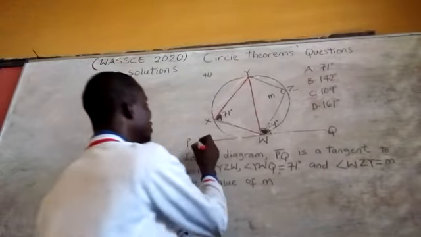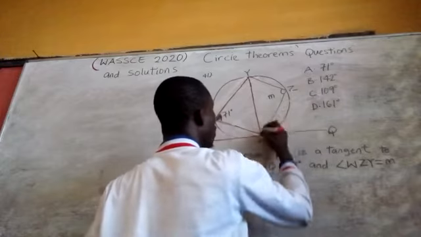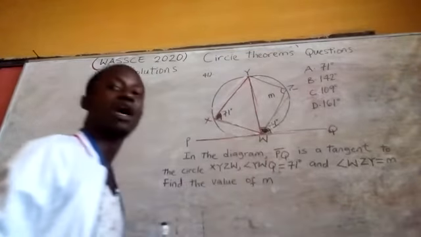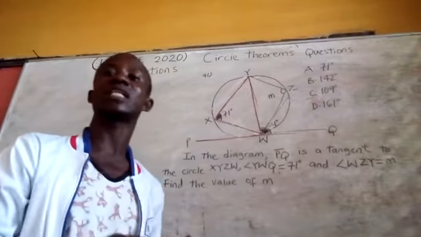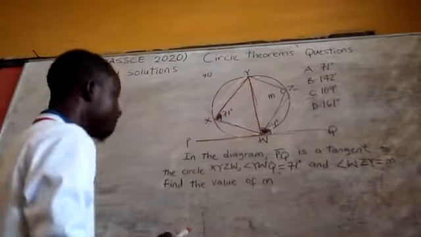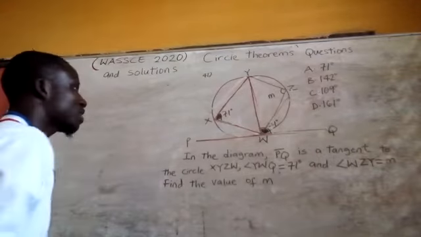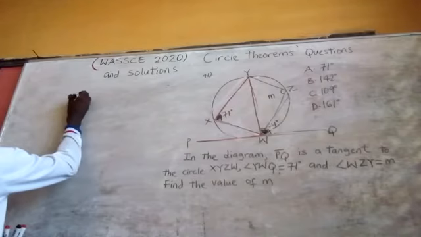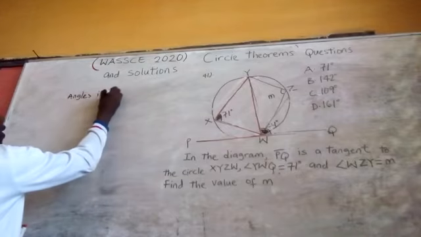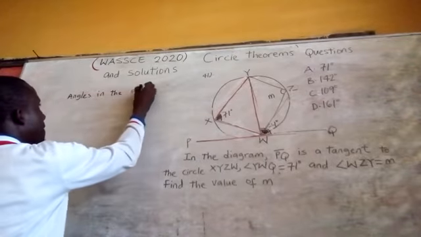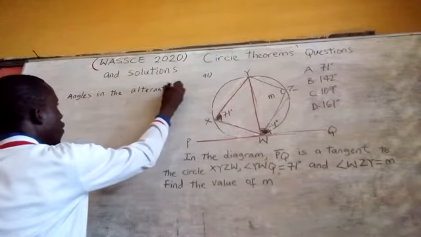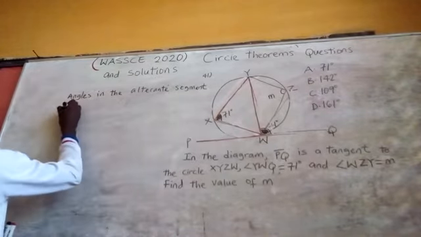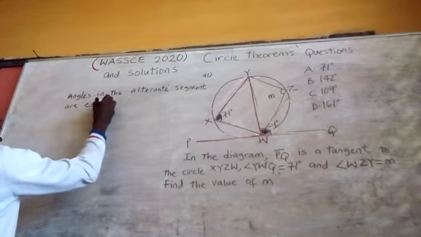So we find a tangent line, we have a chord, and we also have an inscribed triangle. So the alternate segment theorem is applicable here. So here we can say angles in the alternate segment are equal.